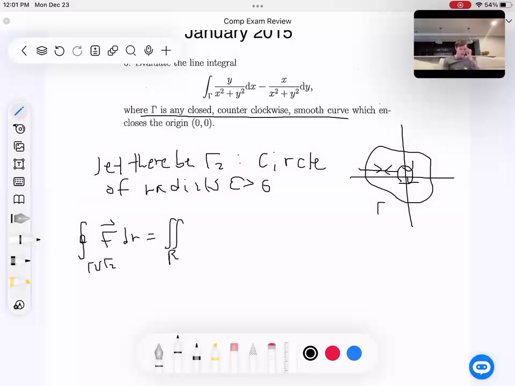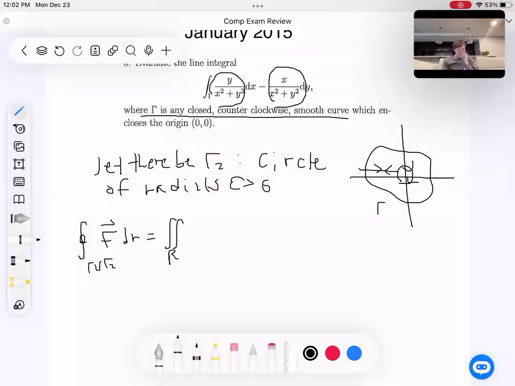We can find the partial derivative of Q and the partial derivative of P with respect to x and y. So let's do that now. We have to take the partial derivative of this guy with respect to x and then subtract the partial derivative of this guy with respect to y.